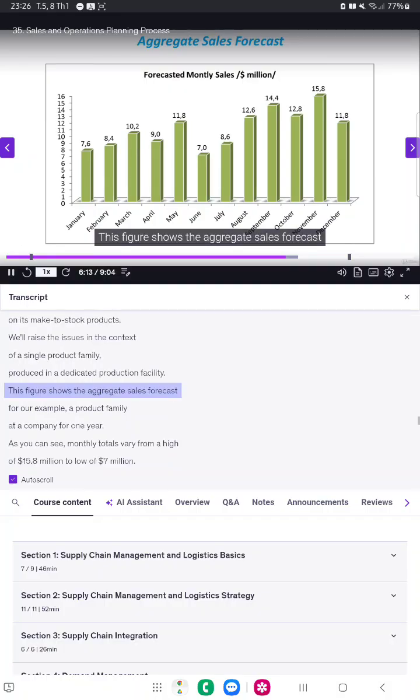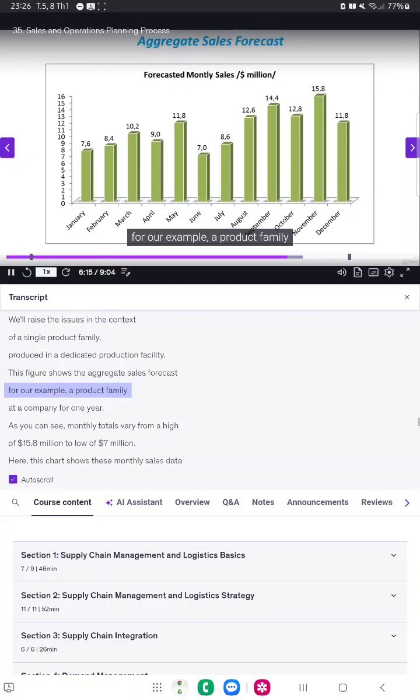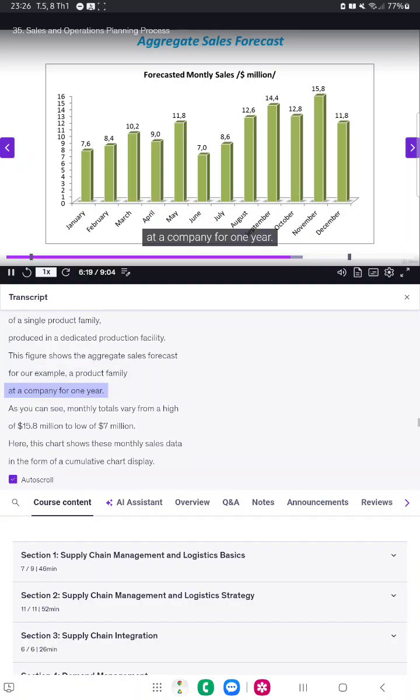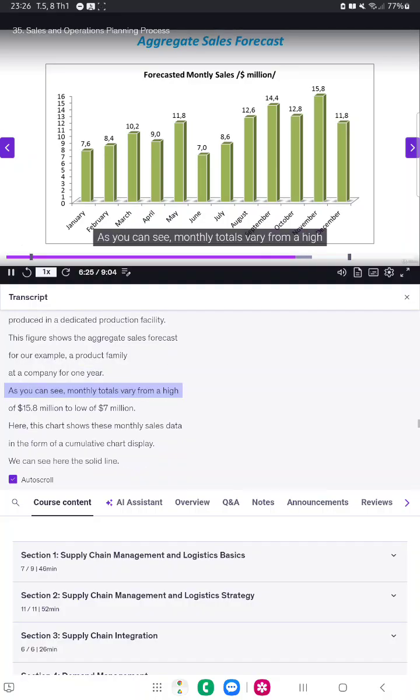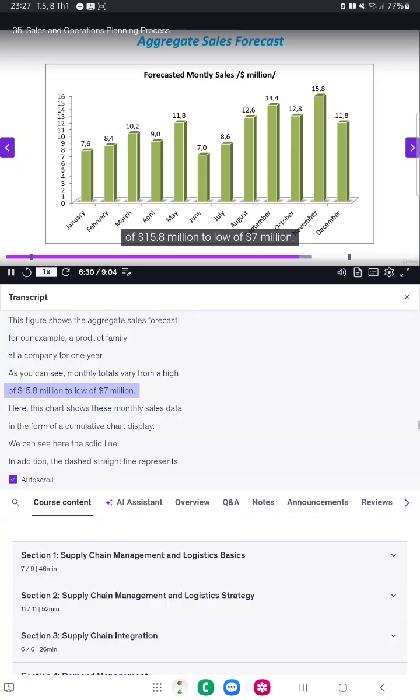This figure shows the aggregate sales forecasts for our example, a product family at a company for 1 year. As you can see, monthly totals vary from a high of $15.8 million to a low of $7 million.